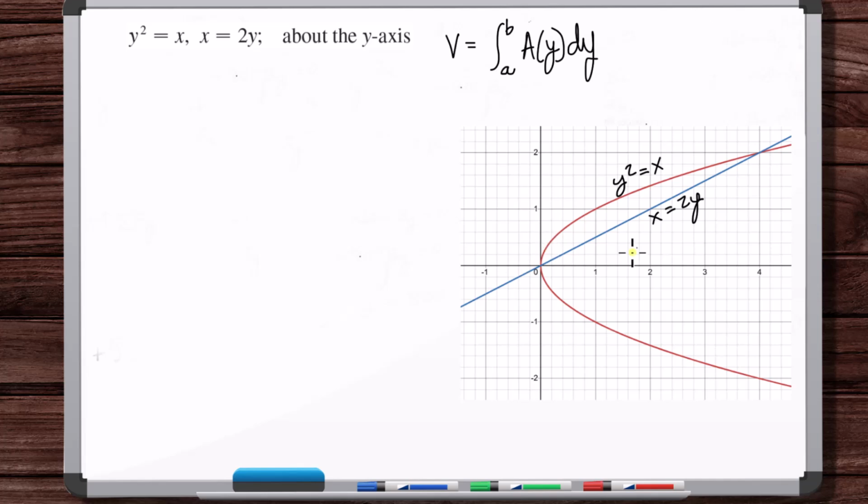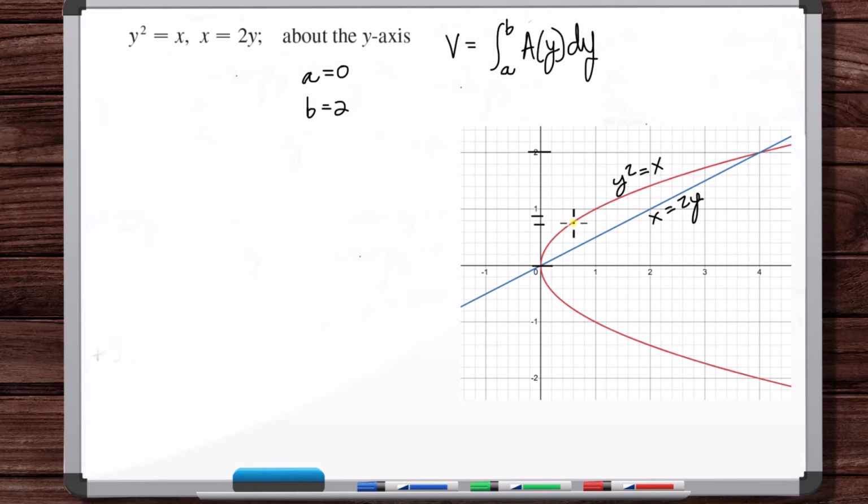And so what's the area formula going to be? Well, in this case, we're integrating from a equals 0 to b equals 2. So here's a delta y. What's the area of the cross-section going to be?